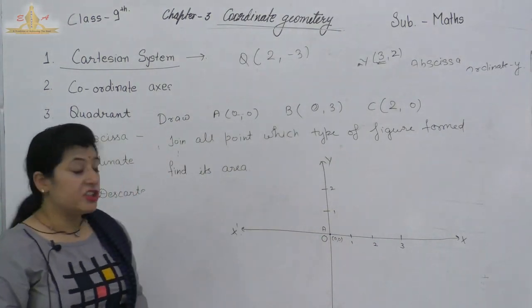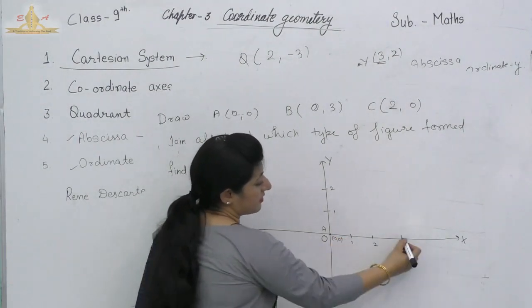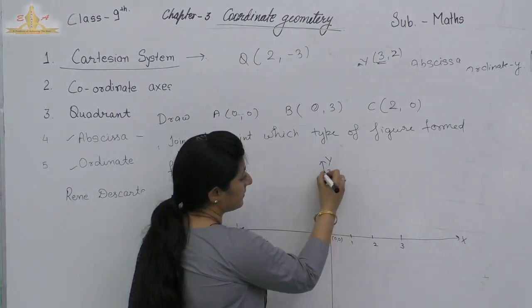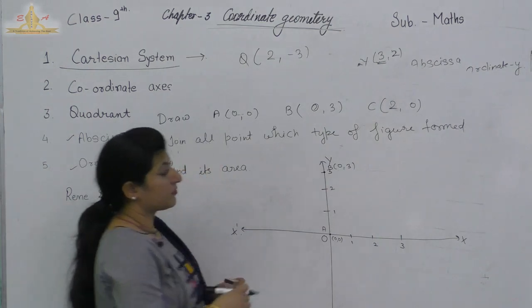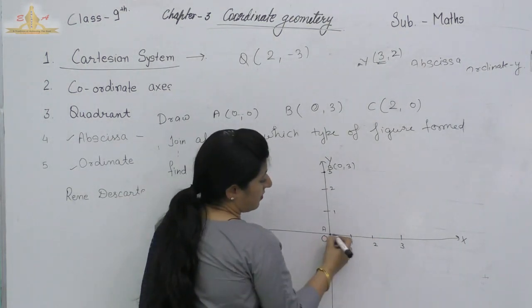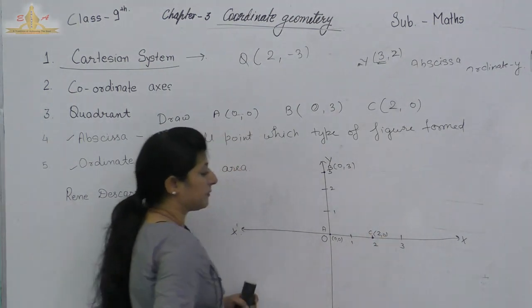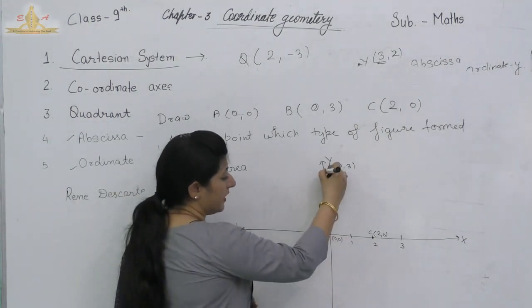Second point B, 0, 3, it means 0, then on the y-axis we need 3. C 2, 0. On the x-axis firstly move 2, 0, then C. Join all the points. Then A to B, this one, B to C.